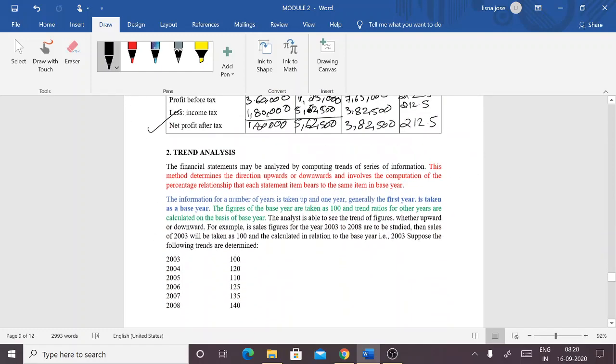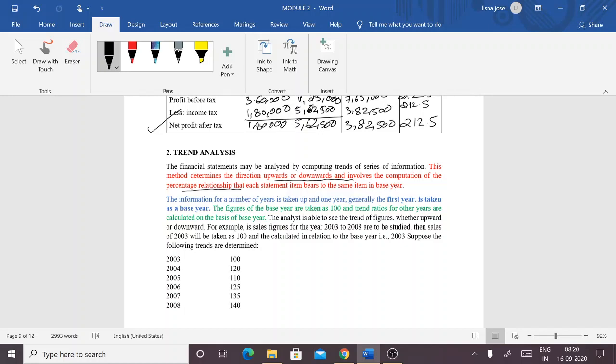Trend analysis is a method that determines the direction, upward or downward, and it involves the computation of the percentage relationship that each statement item bears to the item in the base year.